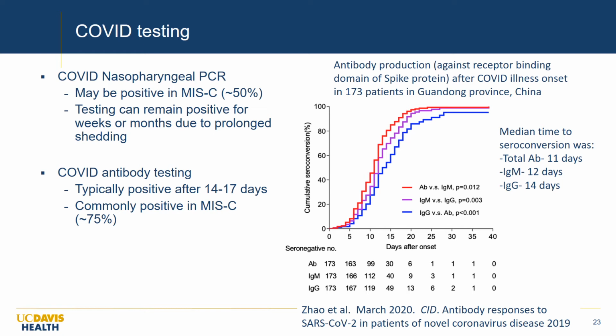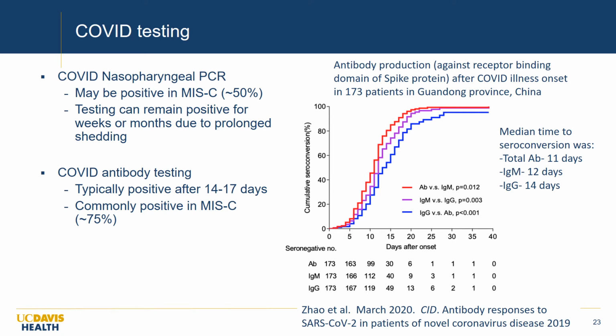Now, the antibody tends to be positive after about 14 to 17 days. And so here in this graph on the right, this just shows when antibodies developed. These were in patients in China who had COVID. So you can see that the majority of them did have IgM at about 12 days after acute infection onset, and IgG at about 14 days.